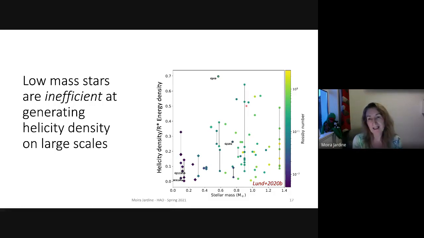So there's clearly something different about the very lowest mass stars. And if the magnetic energy is essentially what drives the X-ray emission and the flaring that we see, the helicity density might have something to do with the rate at which mass is ejected. And there's clearly something odd about the low mass stars.